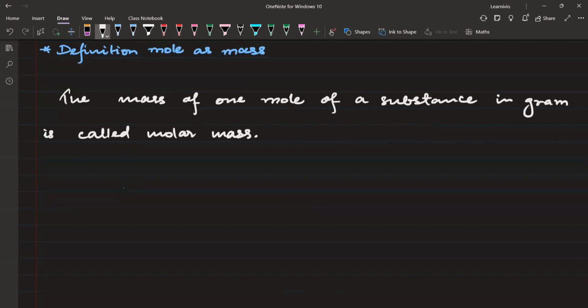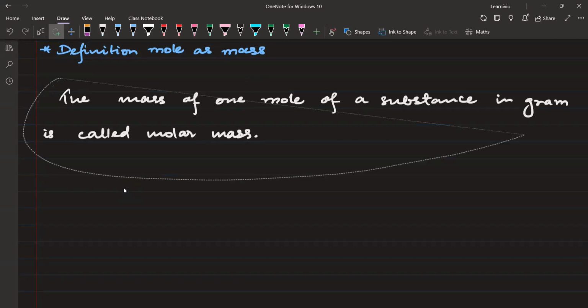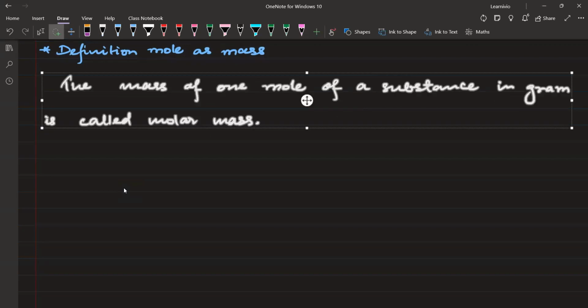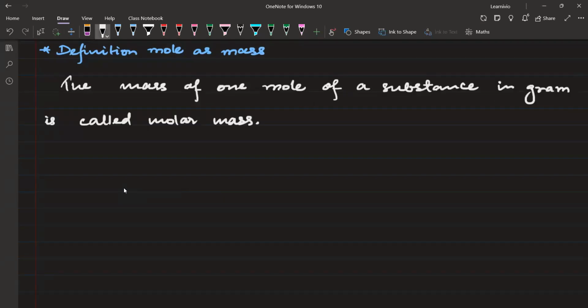Mass of 1 mole is what? Molar mass. And molar mass is divided into 2. One is gram atomic mass, and one is gram molecular mass. Right? Molar mass.